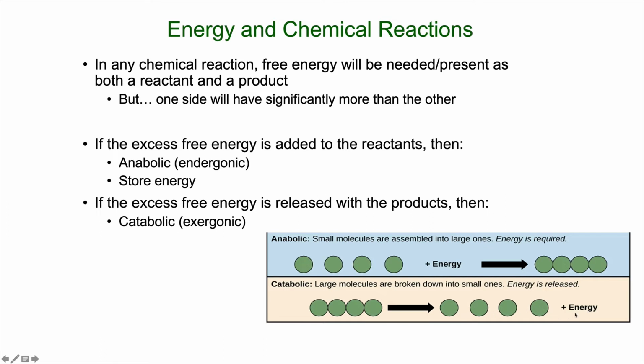And now that energy can be used elsewhere in a cell. Now, we had to use some energy to start this process. This isn't a free process. But the excess of energy is over here. That makes this a catabolic reaction. So in your body, when you're breaking down the nutrients you take in to release energy that you can use to move and to grow and maintain, those are all catabolic reactions, digesting your nutrients.